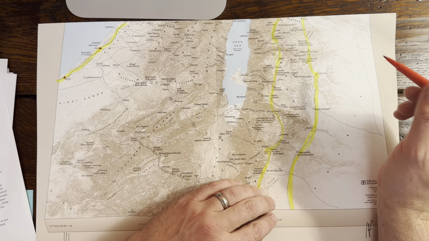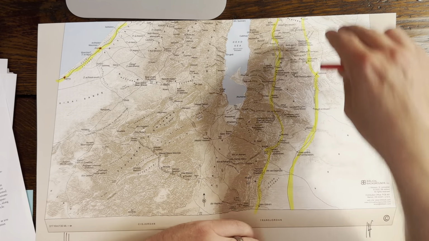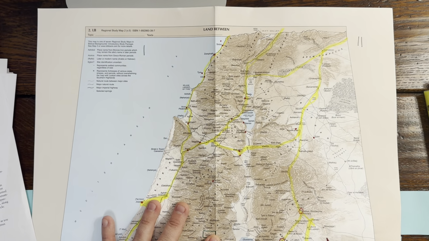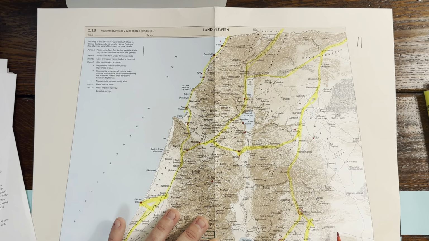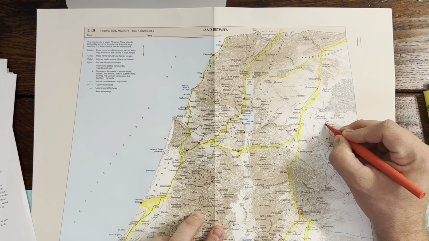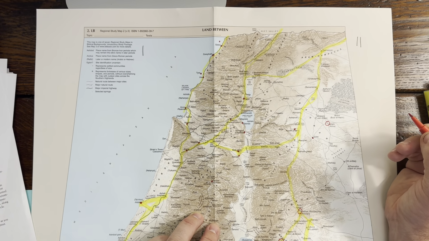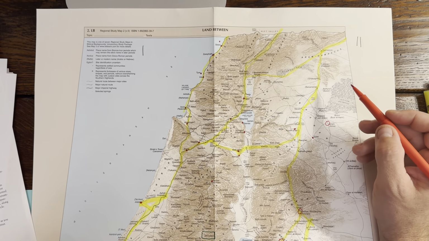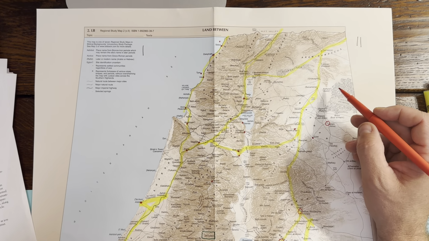Not Gerasa. I'm letting you find it. Oh, there's Helam way over here. I thought we had a dot on Gezer already, but I guess not. Let's see. Who among us could be the first to find Gezer?